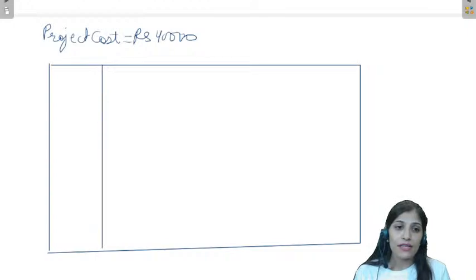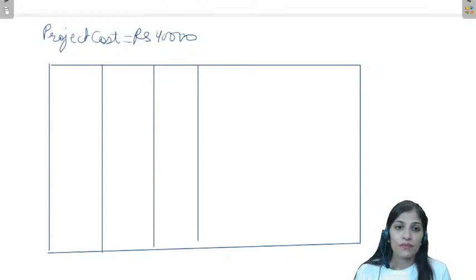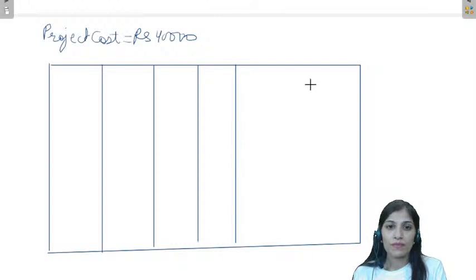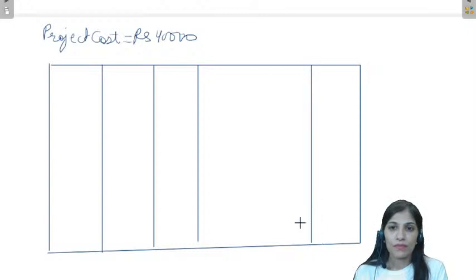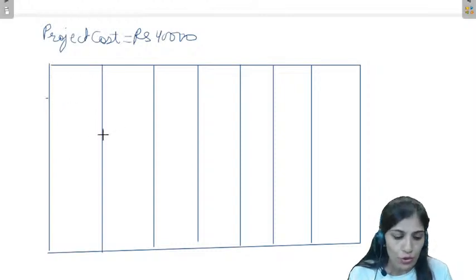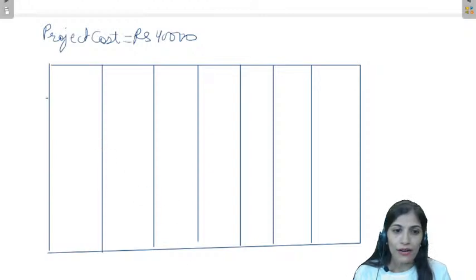Before solving this, you have to prepare a table. Now, what we have to do is, first of all, write over here 1, 2, 3, 4, 5 years.